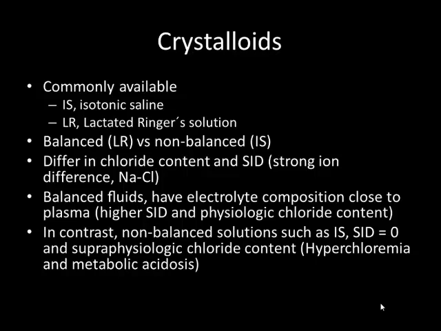The balanced fluid, in this case LR, has a strong ion difference of 29. On the other hand, normal saline has a strong ion difference of 0, because it's pretty much sodium minus chloride. The other important thing is that it can sometimes cause hyperchloremia and metabolic acidosis because of the supraphysiologic content of chloride.